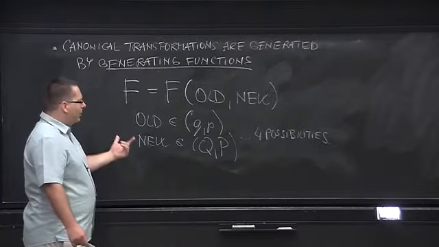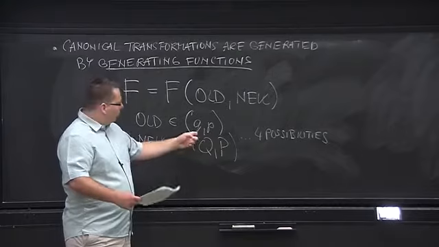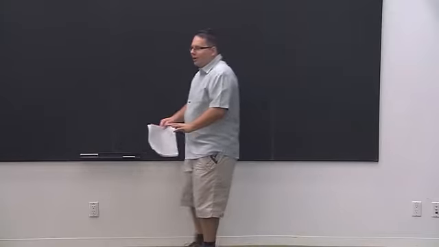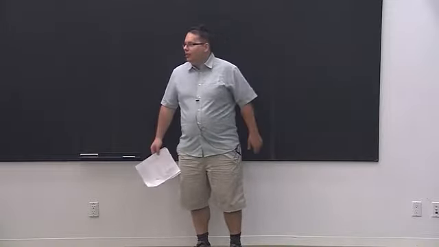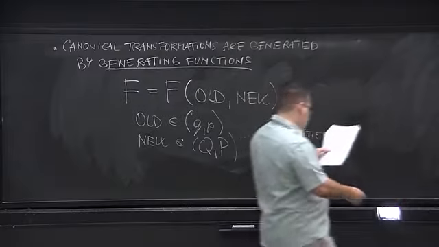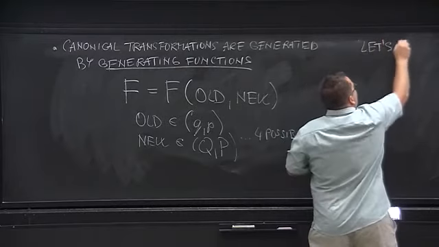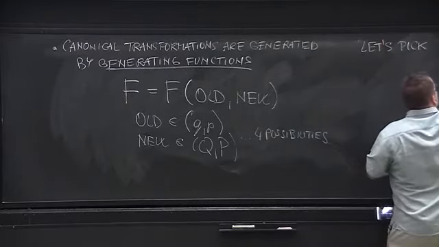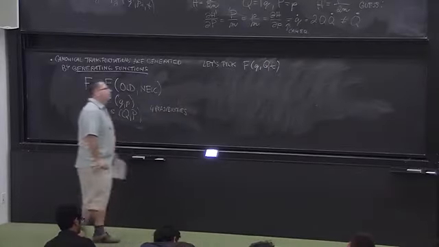And if you have a sufficiently complicated system, it doesn't matter which combination I choose. So let me choose small q and capital Q. There will be one generating function. And the other ones, for a generic system, will be given by Legendre transformation. So let's pick f, which is a function of small q, capital Q, and in principle, it can also be a function of time.